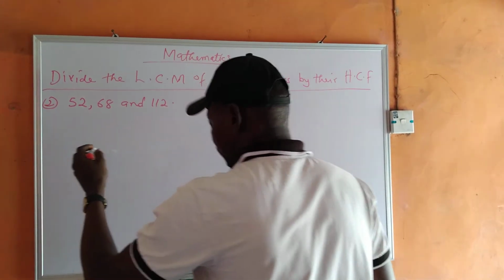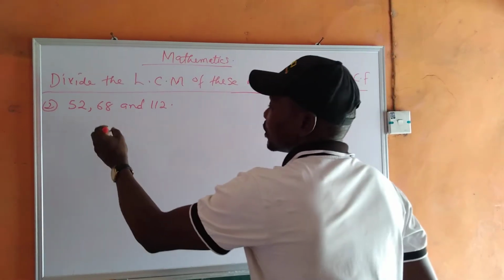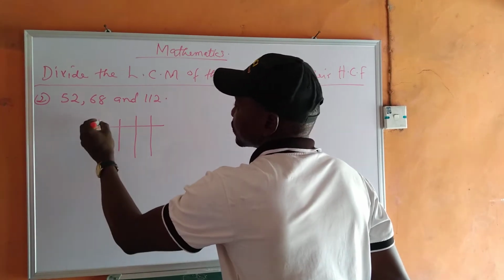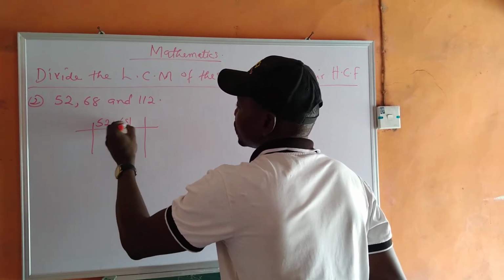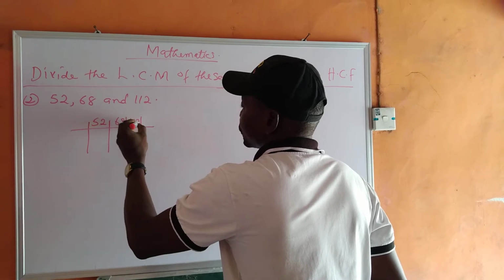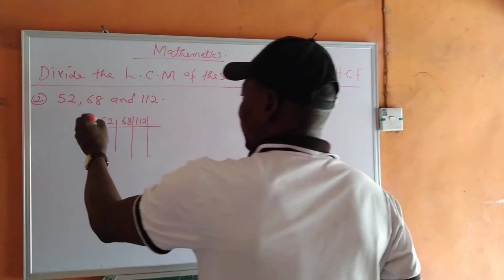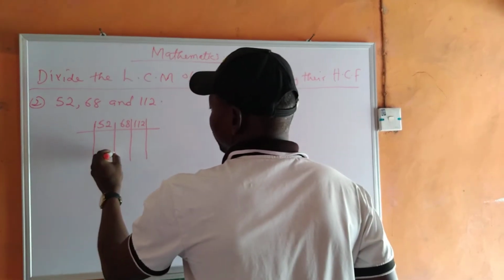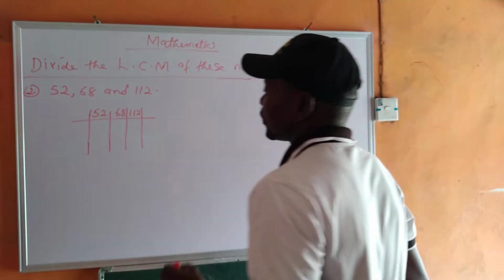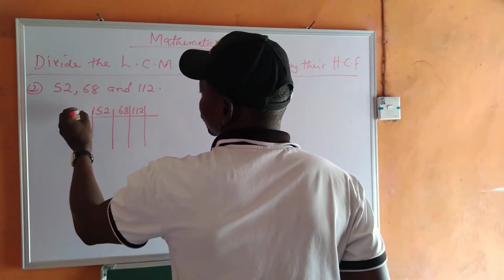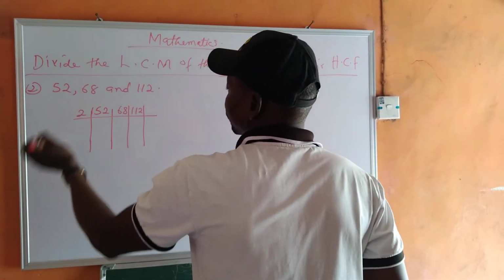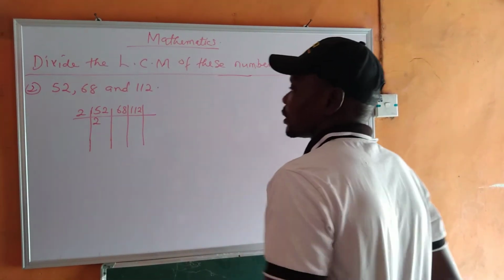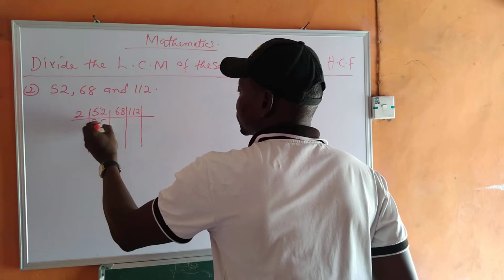So combining them together, we're going to have, let's work it out, 52, 68, 112. So let's divide all through. We divide through by the smallest factor, which is 2. 2 in 52, 2 in 5 will give us 2, remainder 1, 2 in 12 will give us 6.